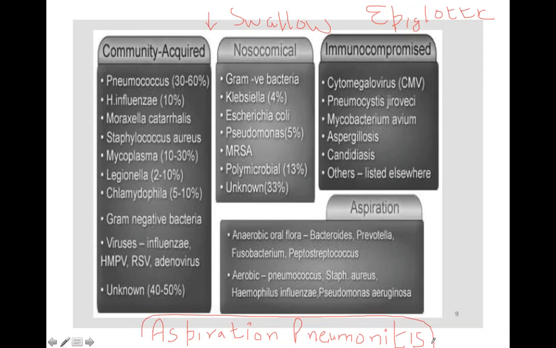Okay. So in case of aspiration pneumonia, the patient will have an excessive amount of foul smelling sputum. This high amount of foul smelling sputum is seen in three conditions: aspiration pneumonia, lung abscess, and also bronchiectasis.